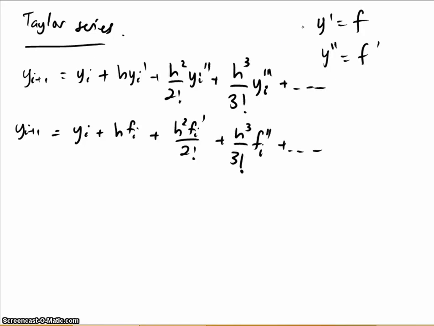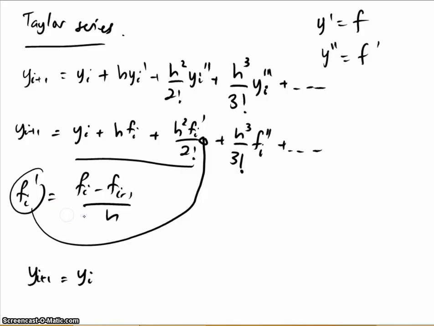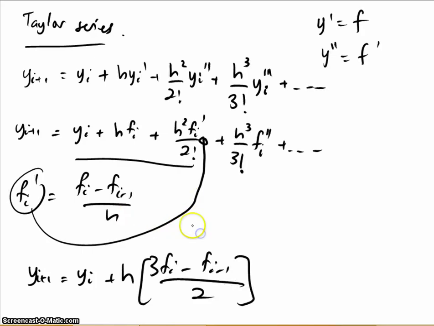Okay, so we can use finite difference approximation to approximate what is our f_i'. So our f_i' is given by (f_i - f_{i-1})/h. If you only take the first three terms in our Taylor series and substitute my f' into this expression, what I get in the end is y_{i+1} = y_i + h(3f_i - f_{i-1})/2, and this would have an order of h³.